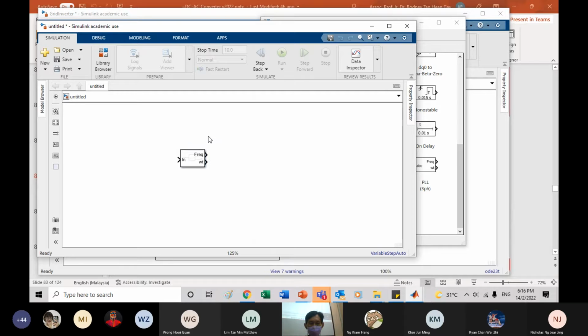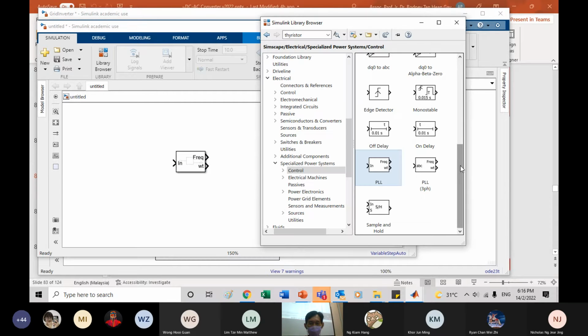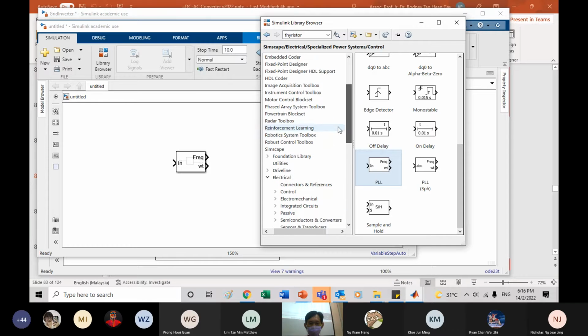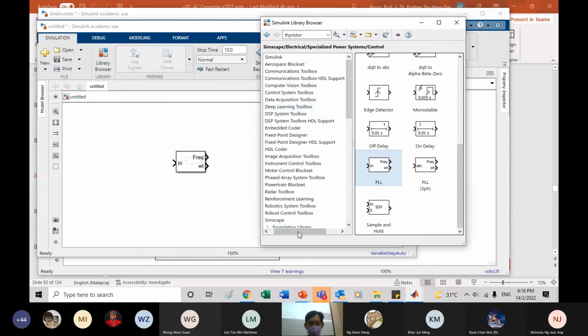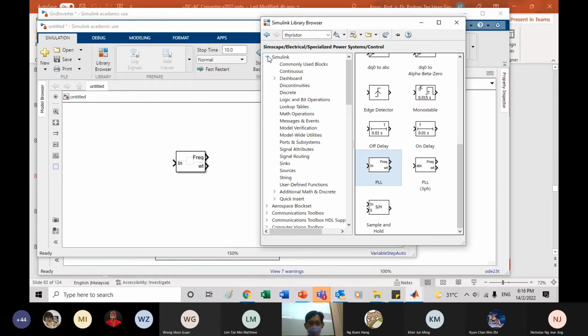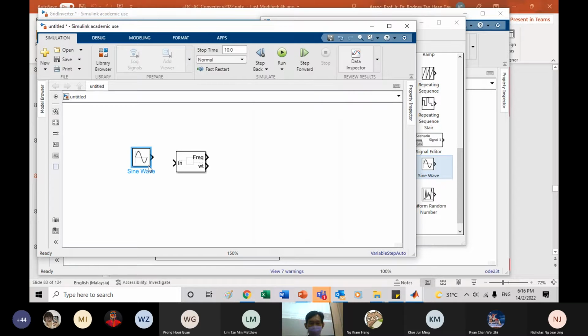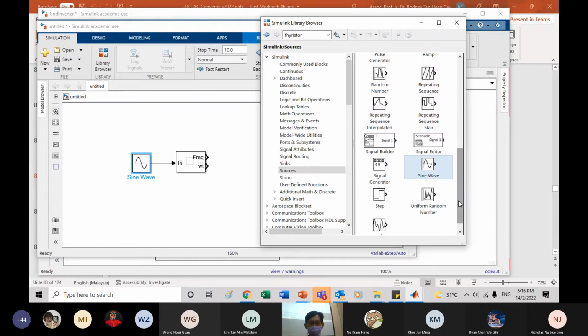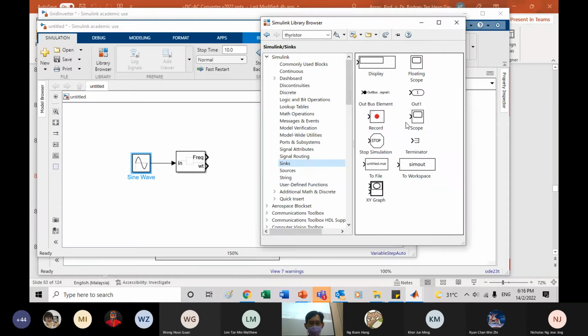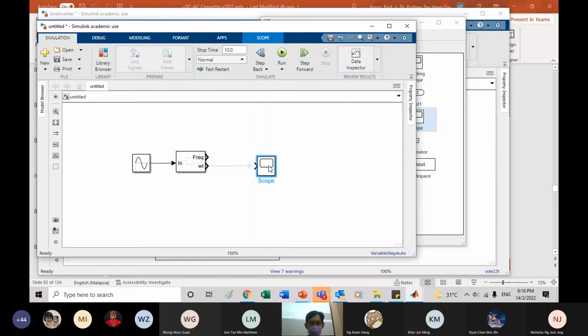And then we need to have a sine wave as an input. So we take the sine wave as a source. And then we need a scope to see how this PLL tracks.